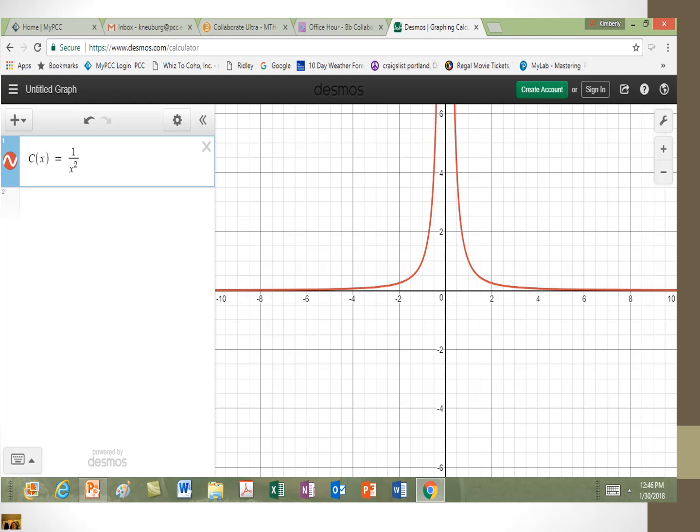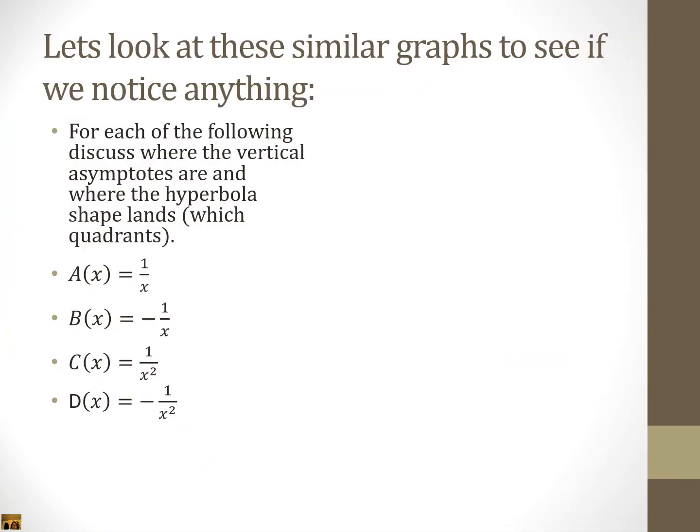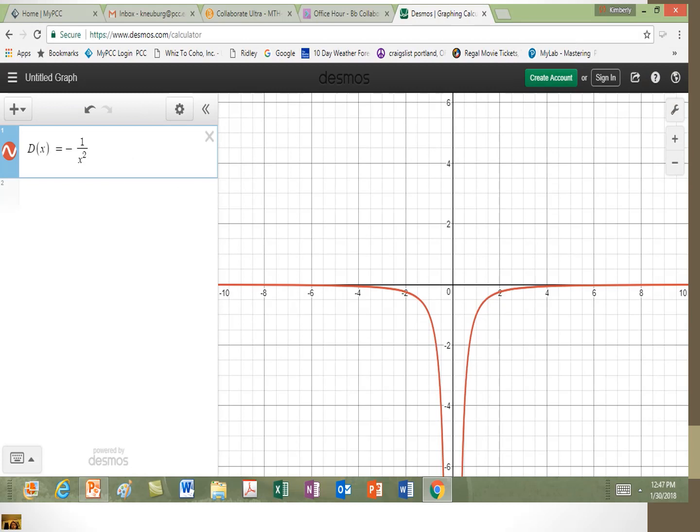When you stick a negative out in front, our transformation would take that and reflect it over the x-axis. So, as you guessed it, for part D, or function D, that takes and flips it down into quadrants 3 and 4.